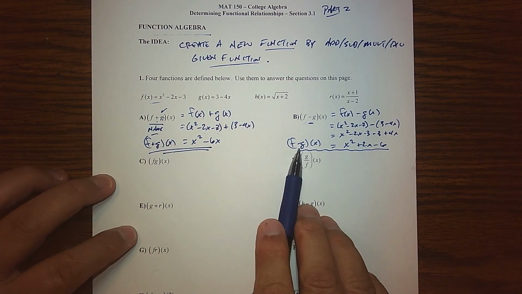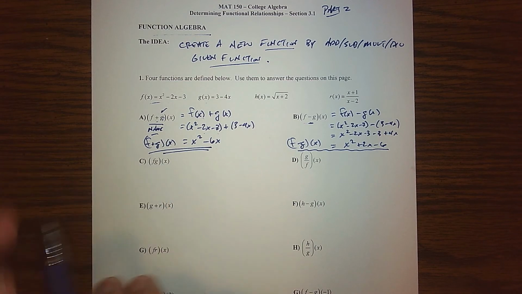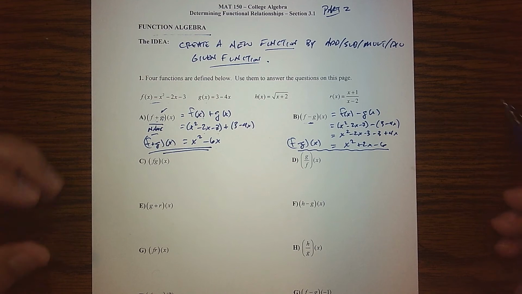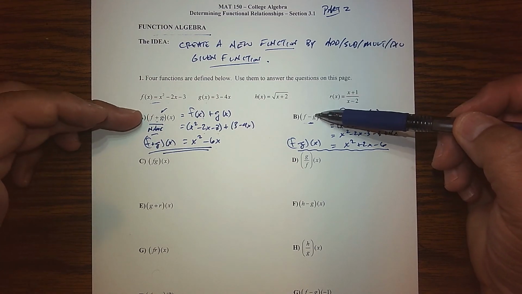Of course, this new function is different than f, it's different than g, it's even different than f plus g. We've created an entirely new function with a new graph, new intercepts, new domain possibly, all that other good stuff. So we're creating new functions by adding or subtracting. It seems simple enough, but what's probably new to you guys is this crazy notation we use.